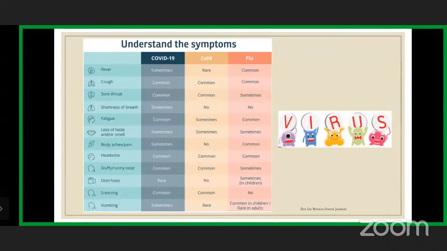And now, understanding symptoms, we can check the differences between COVID-19, cold and flu in order to consider which is the symptom in the green column, and then the difference between COVID, cold and flu, just as information again. It's for practicing vocabulary, maybe more symptoms in the list, and then practicing this, okay?